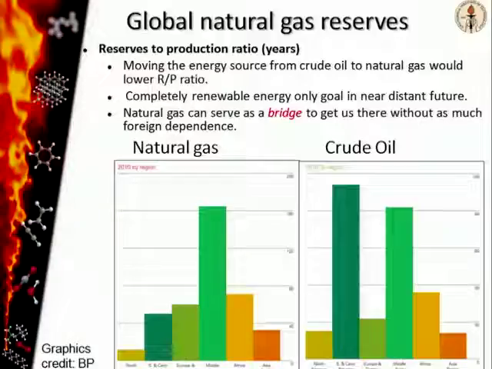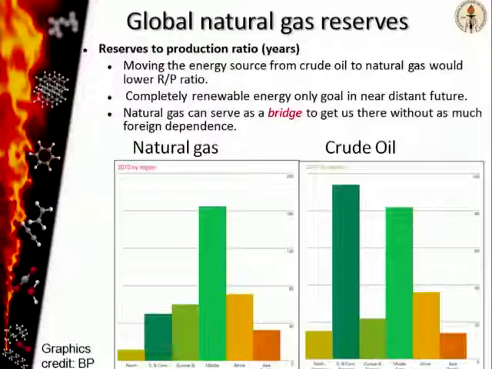I apologize that it's not very clear here, but it's North America, South and Central America, Middle East, Africa, and Asia. The thing to take away from this figure is that in North America, in terms of current production and consumption, you have around 20 years of natural gas left, while for crude oil it is even less, about 15 years or so.